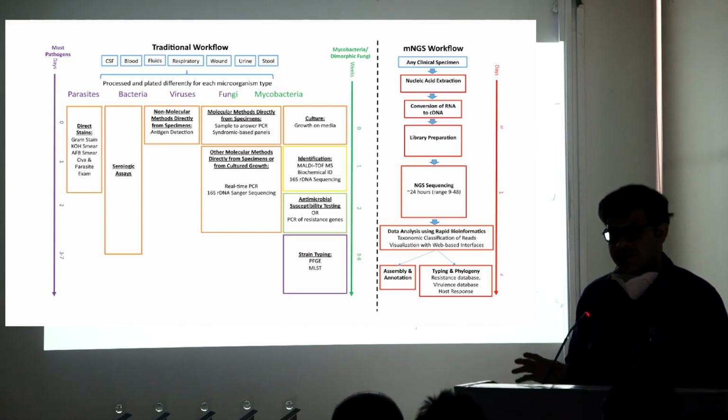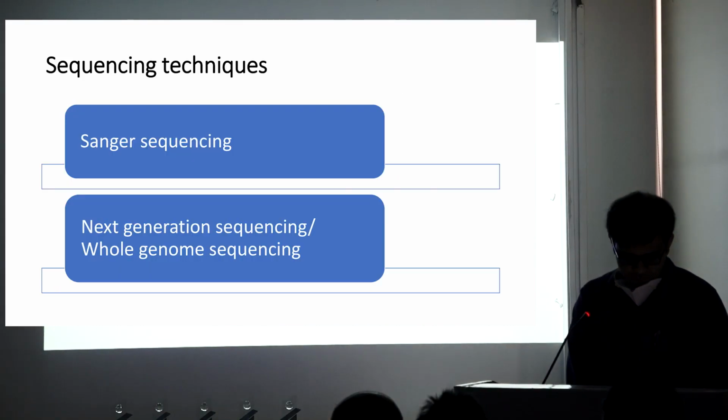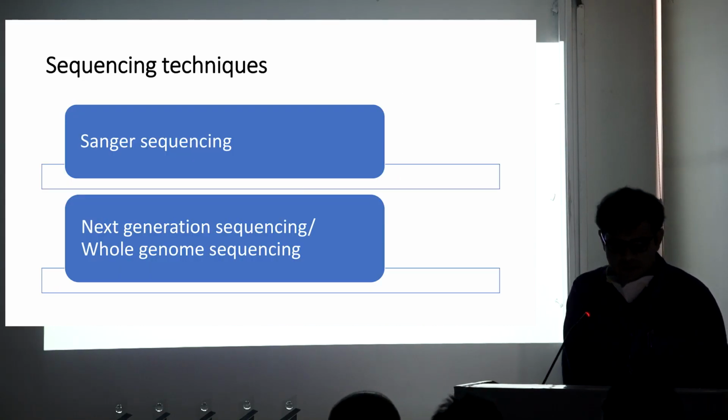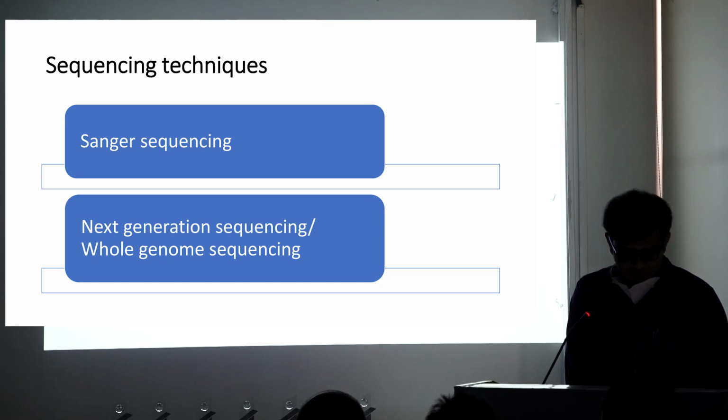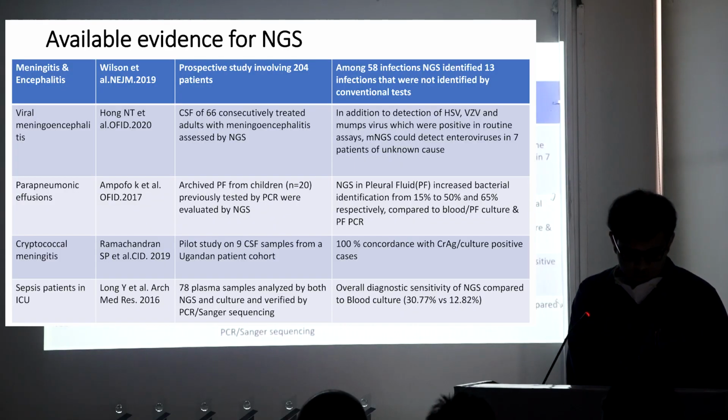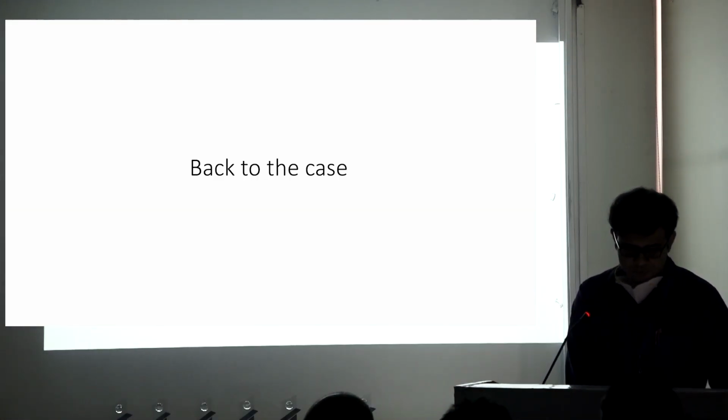Sequencing is done and the data analysis is done as per the database, and you can get the result. Now there are certain techniques like Sanger, which is an older one, and we have got the next generation of the whole genome sequencing. Multiple studies have been done already on that, so you can do it on the CSF or your pleural effusions or in any of your sepsis patients.